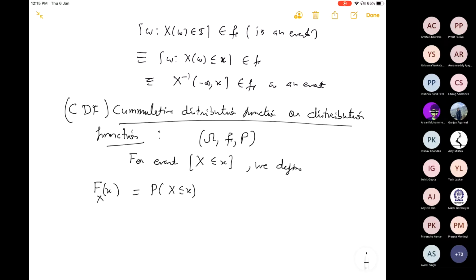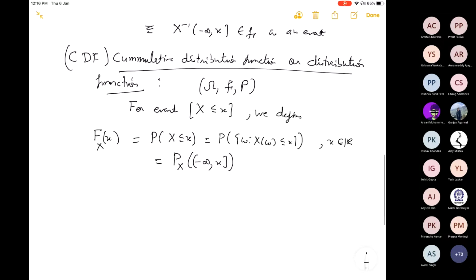This means the probability of omega such that X(omega) is less than or equal to x, where this x belongs to R. If we want to write it in terms of P_X, this will be P_X of minus infinity to x.